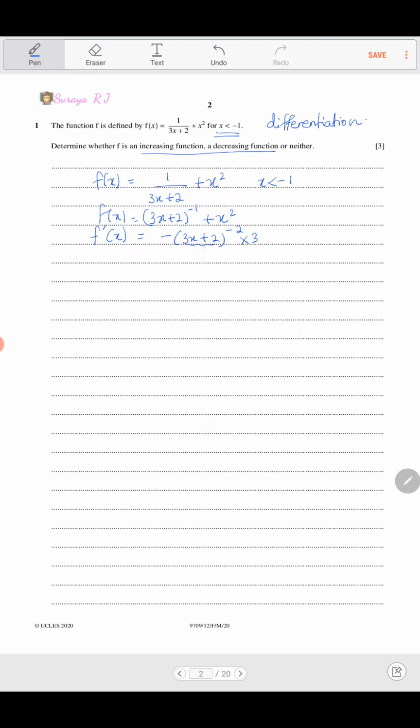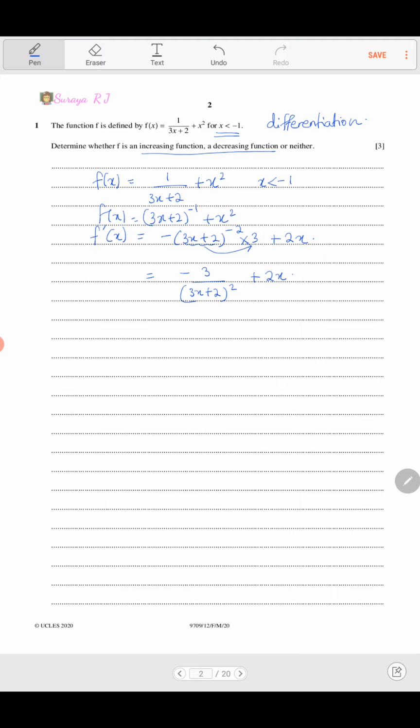We differentiate the expression inside the bracket, and then we differentiate x squared. We obtain 2x. We can write it as minus 3 over (3x plus 2) power 2, plus 2x.